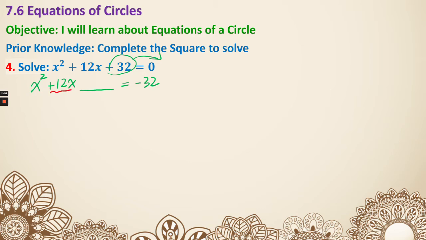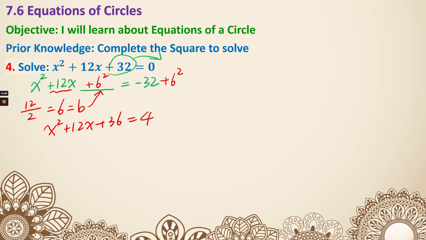We take the middle number, 12, divided by 2. That's going to give us 6, which is our b. The number we need right here is going to be 6 squared, so we're going to add 6 squared on both sides. It's going to be the b squared. We have x squared plus 12x plus 36 equals, on the right side, negative 32 plus 36. That's a 4.